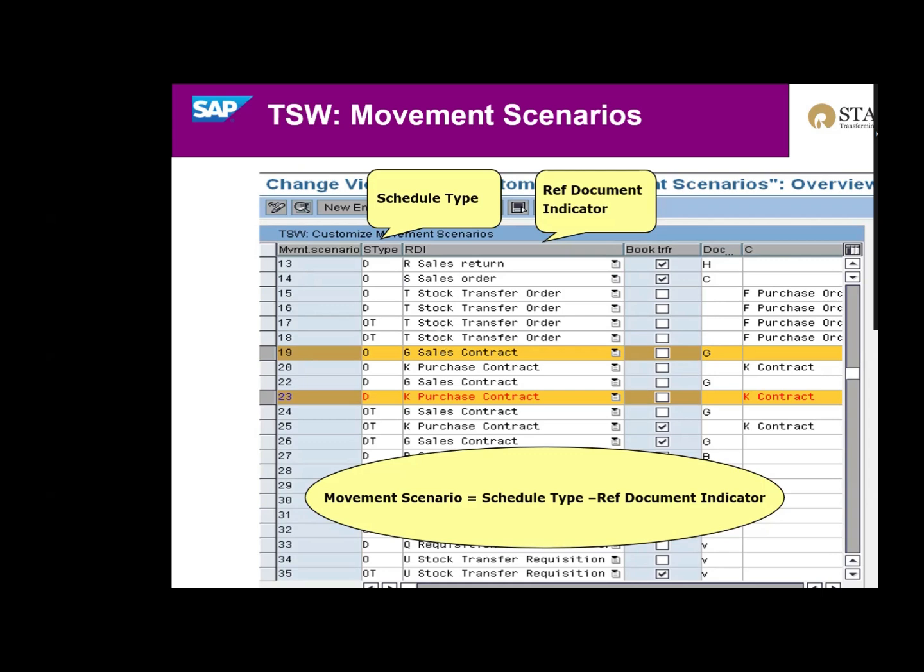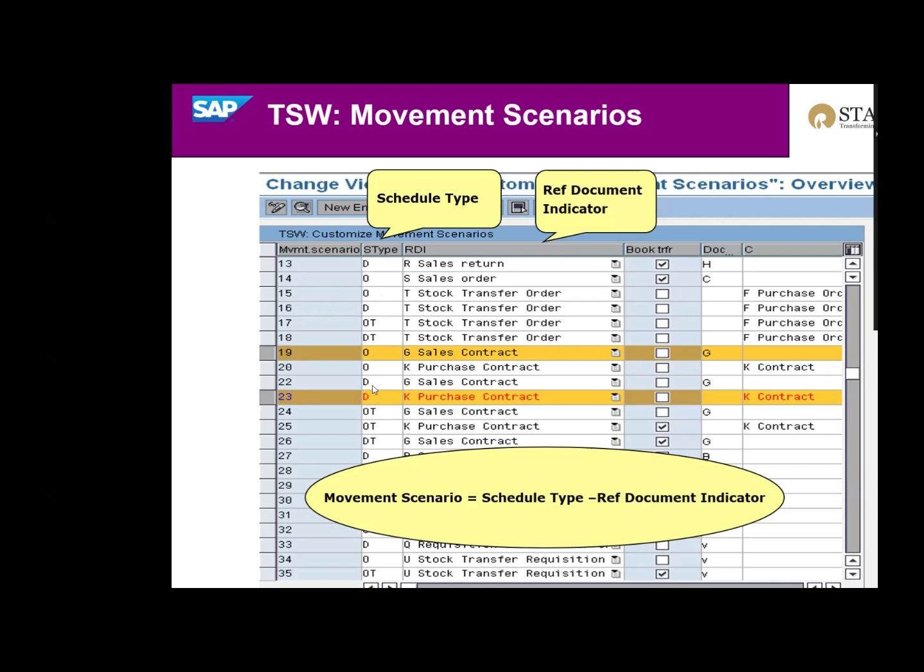Yes, sir. Movement scenario is schedule type plus reference document indicator. These two combinations will become one movement scenario. 13 means it is a DR, 14 means OS, 15 means OT. So we call it a DT scenario, OS scenario, OT scenario, OK scenario.